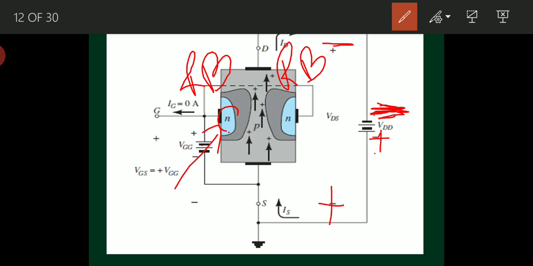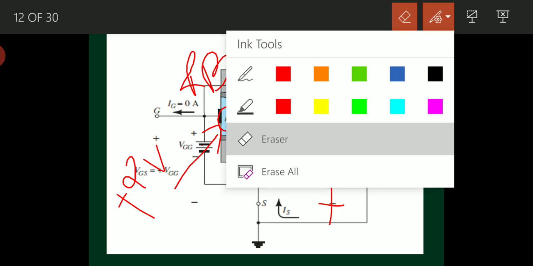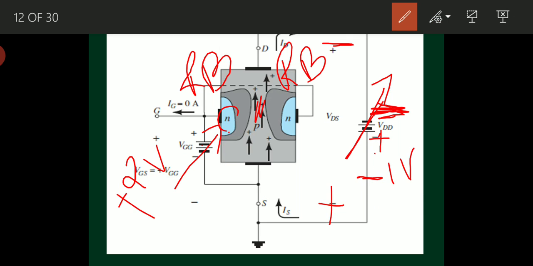So the channel width will become narrower for very low values of VDS. If VGG equal to plus 2 volts, what will happen? I will get this narrow channel only if I increase the voltage. If I increase the voltage to 1 volt here, 1 volt here, 1 volt here, so what will happen?